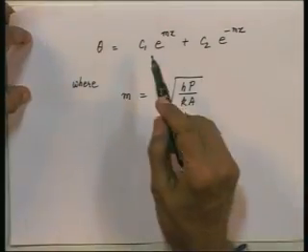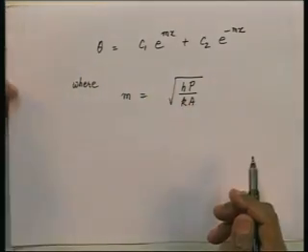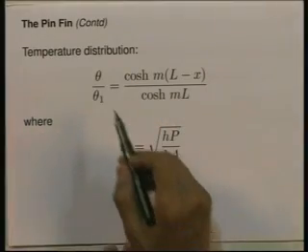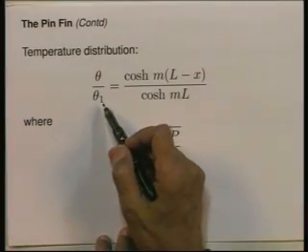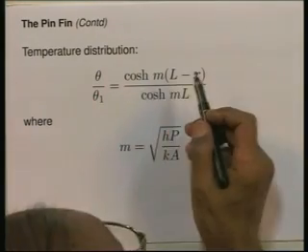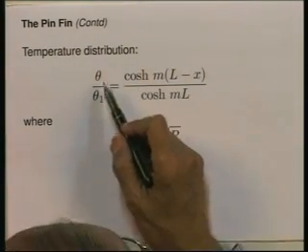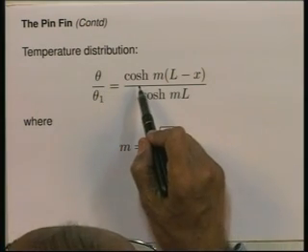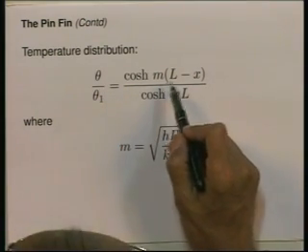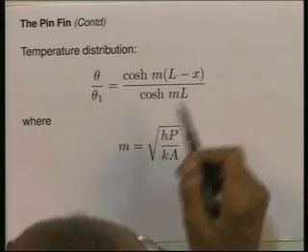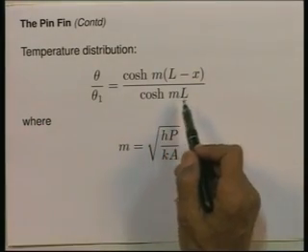Now, use the two boundary conditions to get the values of C1 and C2, and if you do that, we will get the following temperature distribution. Instead of putting the solution in the form e to the power mx and e to the power minus mx, we will use the hyperbolic cosine and we will get theta by theta 1 is equal to the hyperbolic cosine m(L minus x) divided by the hyperbolic cosine mL.